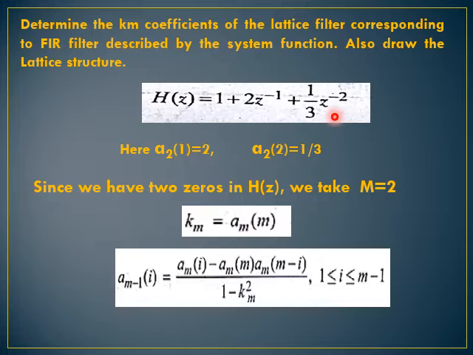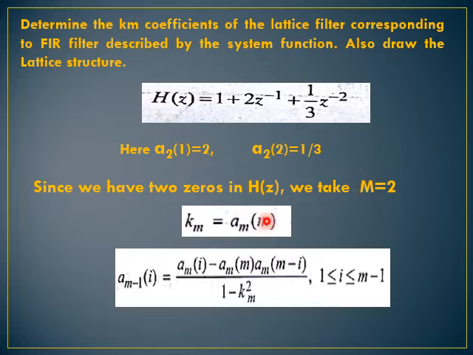Here in FIR it is an all-zero system. Now as the order of the transfer function is 2, so it is a2 of 1 and a2 of 2. So this value is a2 of 1, a2 of 2. Since we have two zeros in H of z, we take the value of capital M as 2.